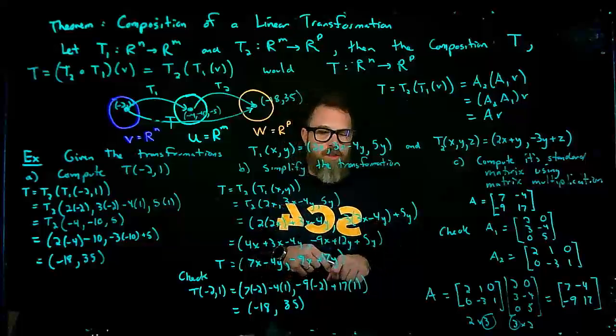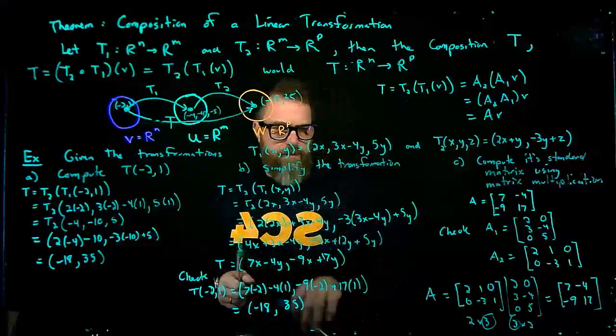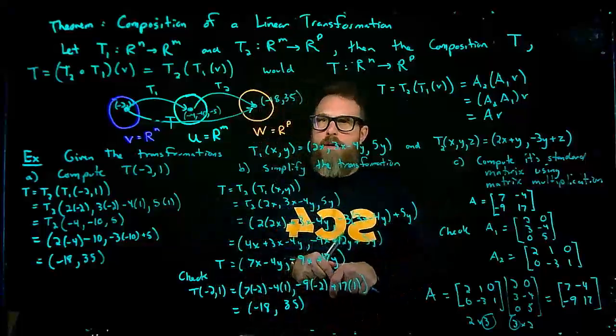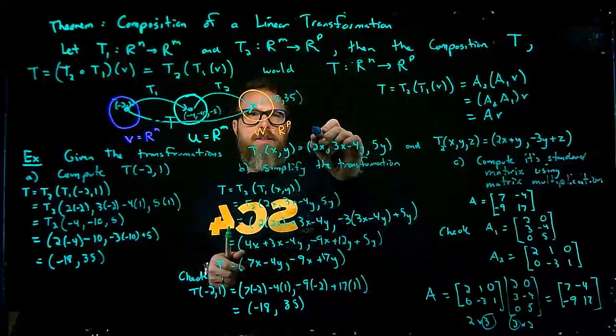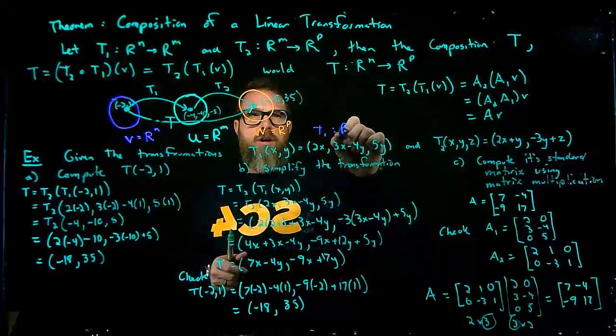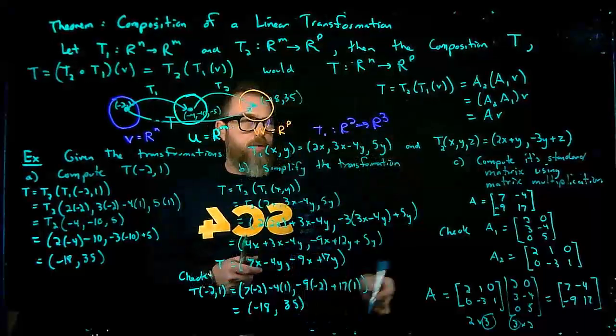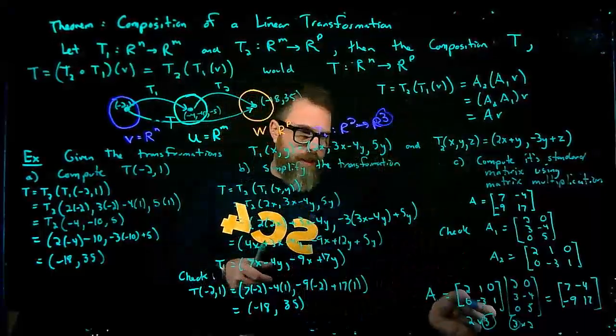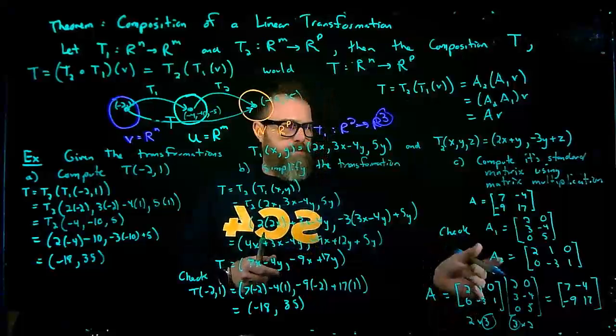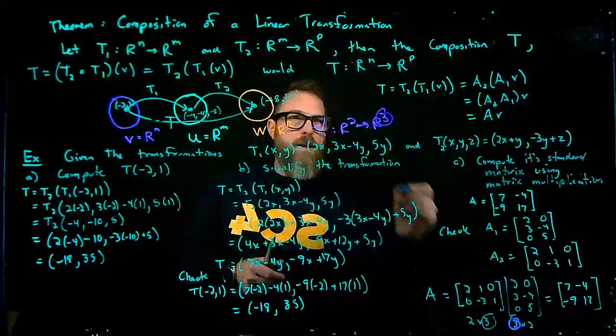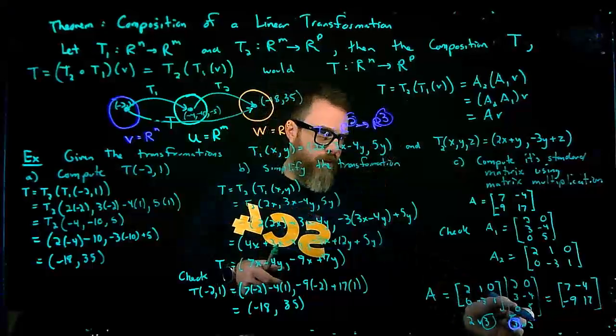We should actually look at the size of these before I move on. What I know is that T1 in this case took R2 to R3, and notice you got a 3 by 2 matrix.